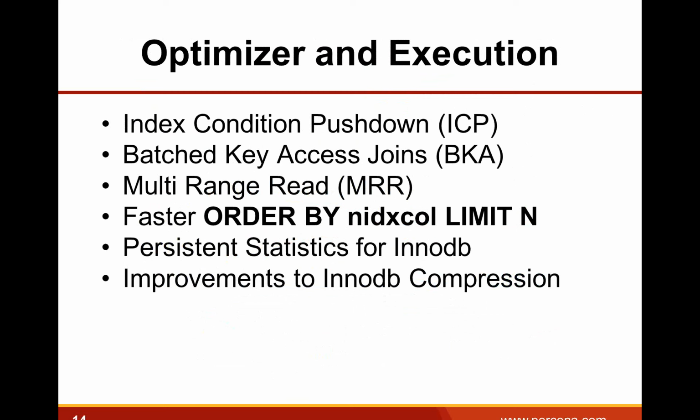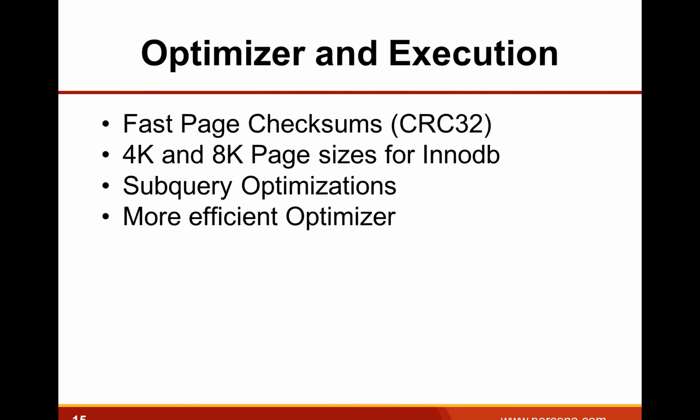So if we can compress our data and use half or a quarter of the amount of space we would use before, then that can be a substantial advantage. So I would encourage you to take a look at the InnoDB compression features in MySQL 5.6 as well. Fast page checksum, and the 8K page size support for InnoDB.